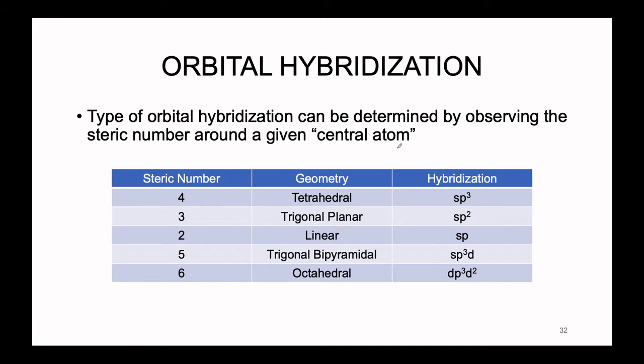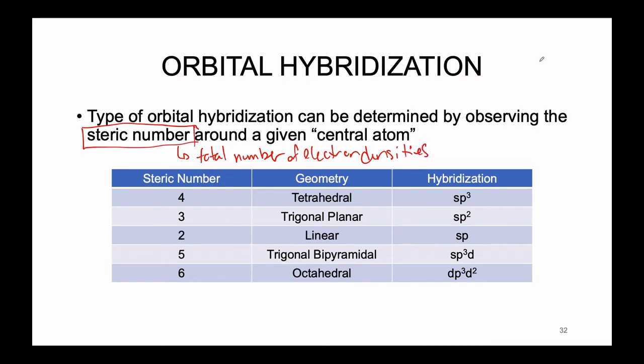The type of orbital hybridization that will occur can be determined by observing what we call the steric number around a given central atom. And as a reminder, we have already defined what a steric number is, but just as a brief reminder, a steric number is the total number of electron densities around whatever your central element is.